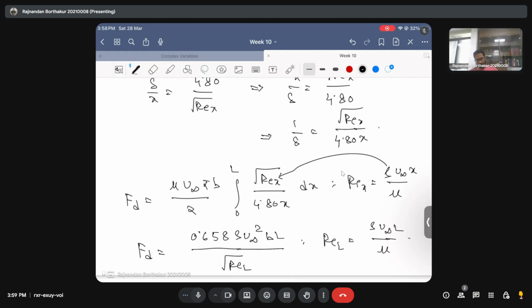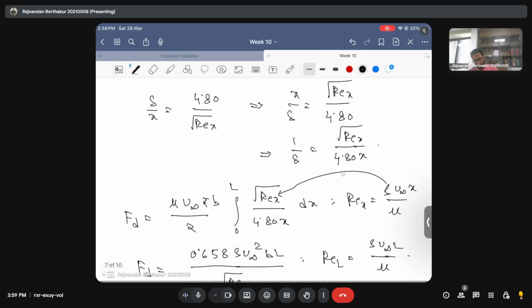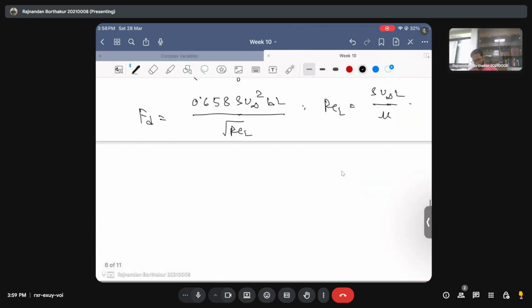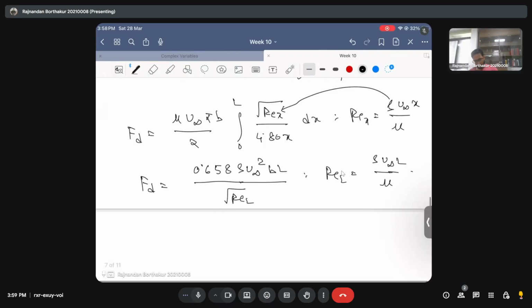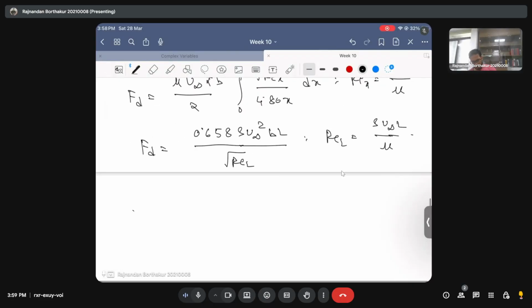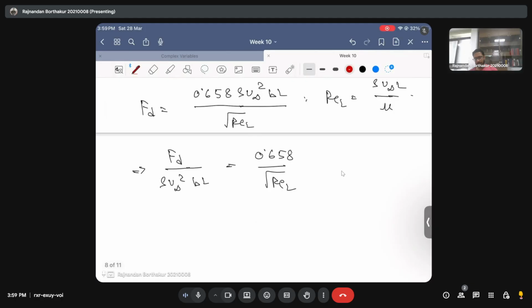And if you do a little bit of simplification, you can show that F D by rho u infinity squared b L is equal to 0.658 by square root of Re L. And if you compare with the Blasius result, I think you'll get it to be equal to 0.664.